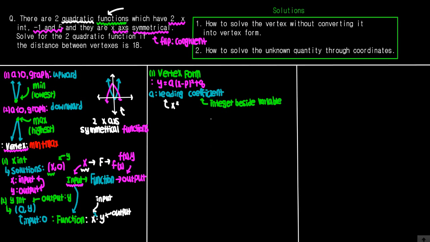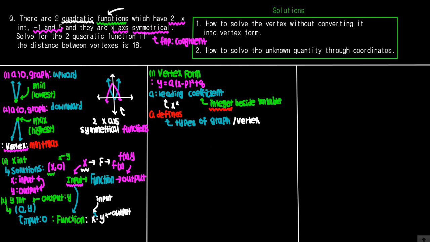Now, this integer, our a value, defines the types of graph and the vertex.